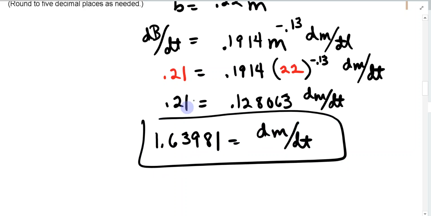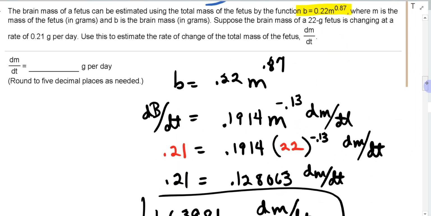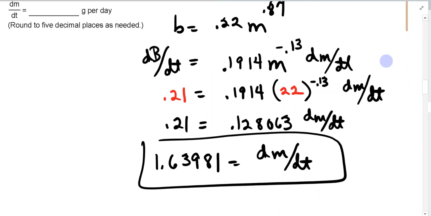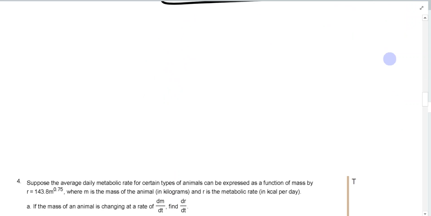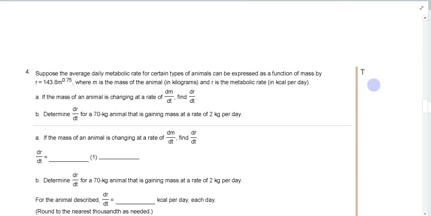And that is what we were asked to find. Use this estimate to find the rate of change of the mass, which was dm/dt. And keep in mind, every time we take a derivative, we're going to have a dt. So this was b, that became db/dt. This was mass, dm/dt. All right. Let's go here to number 4.